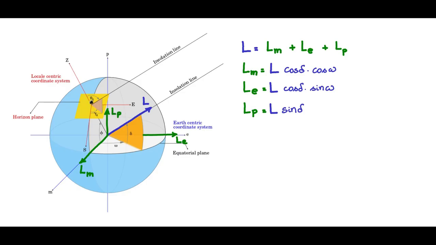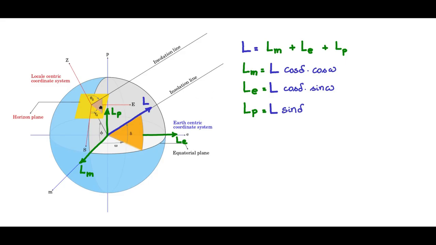Which means we push the horizon plane straight down to the center of the earth and merge the origins of the local centric coordinate system and the earth centric coordinate system. Then we will be able to relate these resolved components obtained from the earth centric coordinate system with the resolved components of the local centric coordinate system and make the relationship.